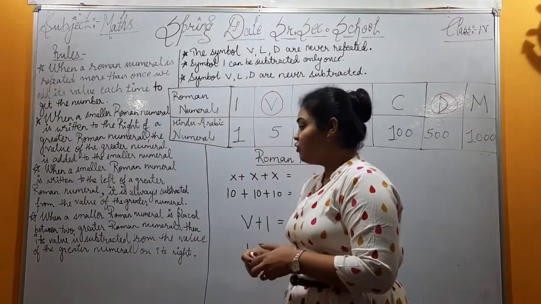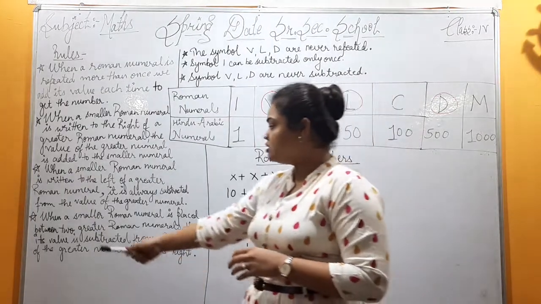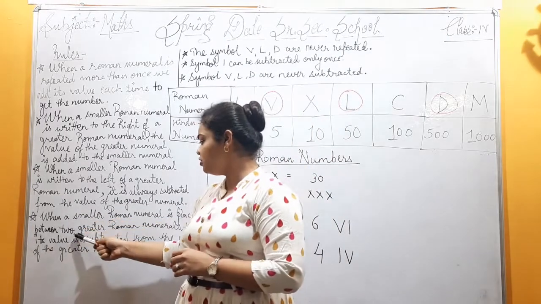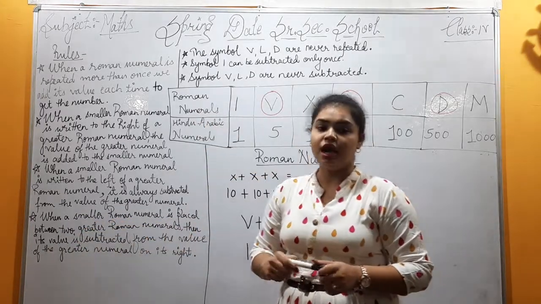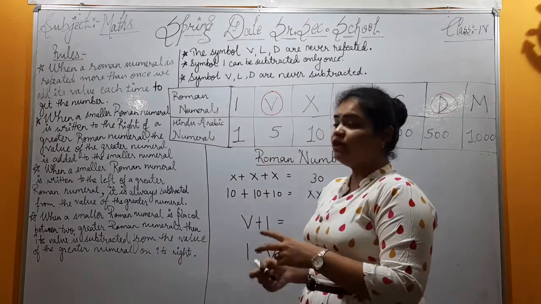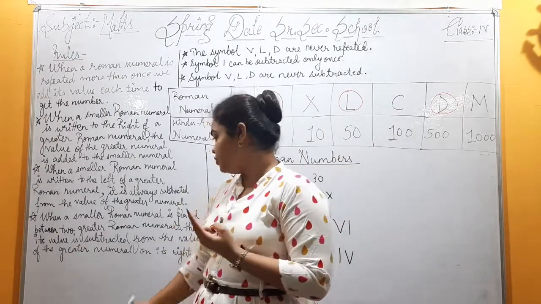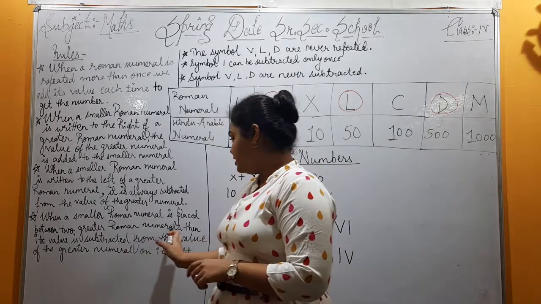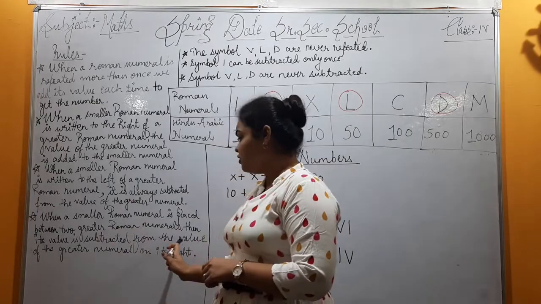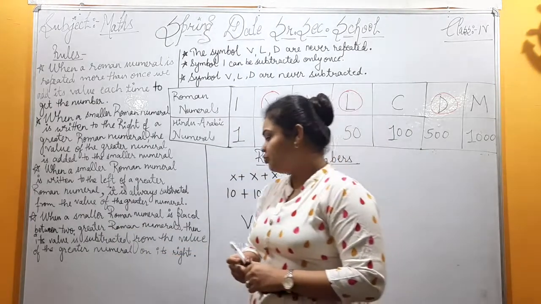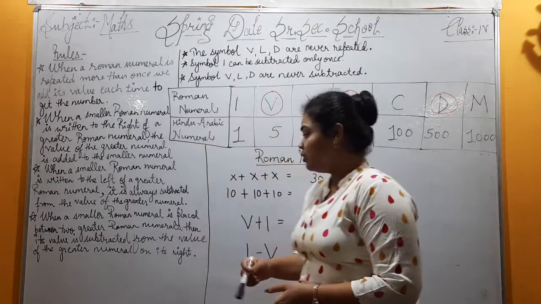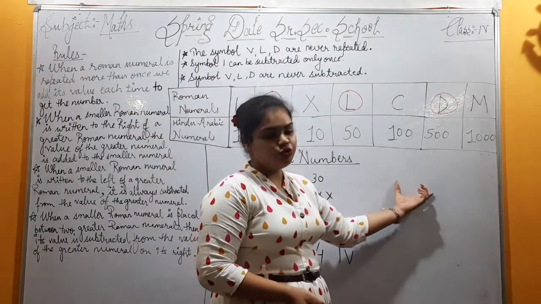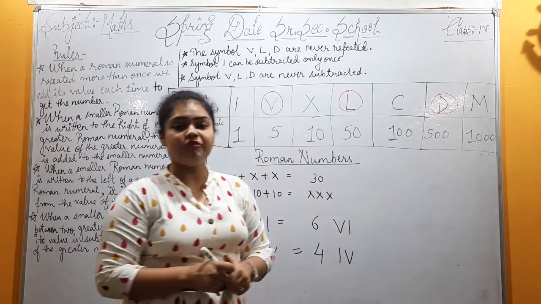Now, what is the next rule? When a smaller Roman numeral is placed between two greater Roman numerals, then the value is subtracted from the value of the greater numeral on its right. Now, when we place the smaller numeral in between the two greater, from which number do we have to subtract?